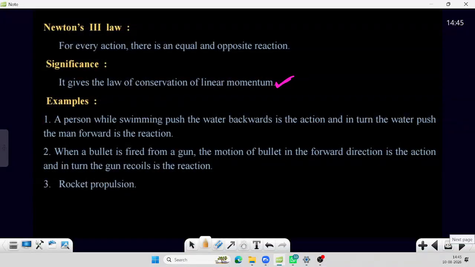This action is on one body, and the reaction is on the other body. Action and reaction act on two different bodies, not on the same body. That's why these two won't cancel each other.